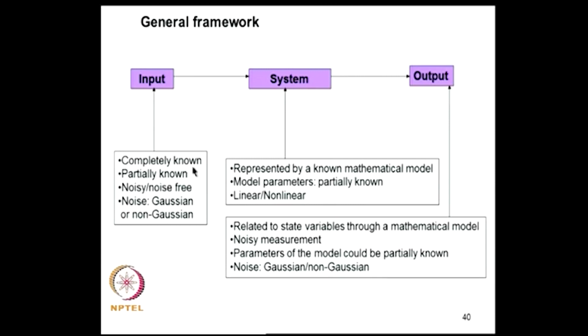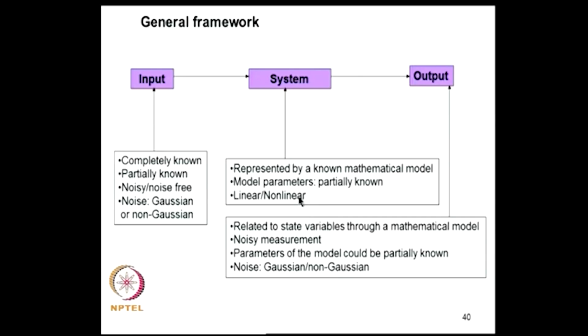Inputs could be partially known, it could be noisy, the noise itself could have certain mathematical features. The system could be represented by a known mathematical model, but the model parameters could be partially known, and the system behavior could be linear or non-linear.